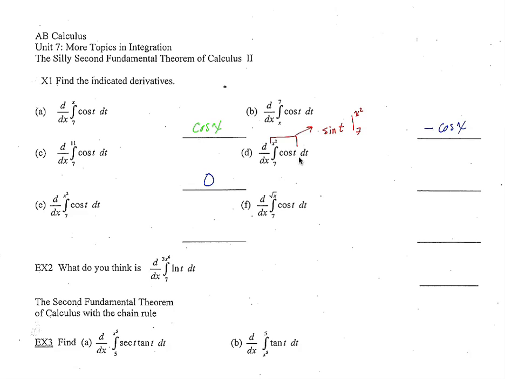And then we're going to evaluate that, which will give us the sine of x squared minus the sine of 7.